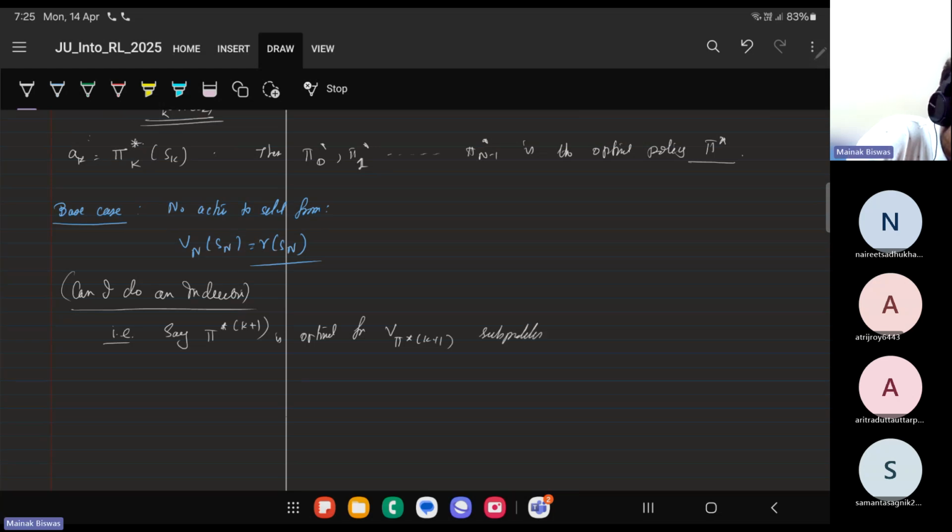This is why we prove that all the subproblems are optimal in themselves. So if we say that V pi k plus 1 is optimal for all k plus 1 for the policy value function in this subproblem, what can I write? V k to be. Can anyone tell me? Or the V pi k, pi star k.